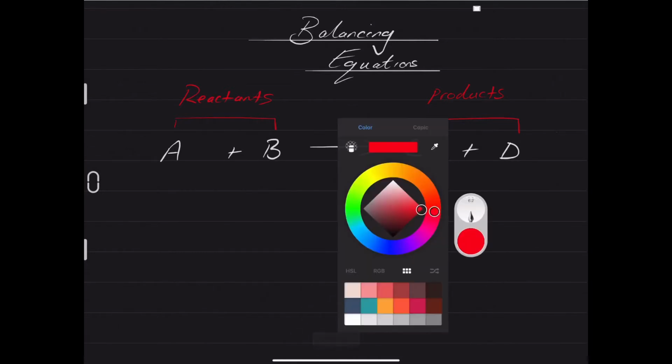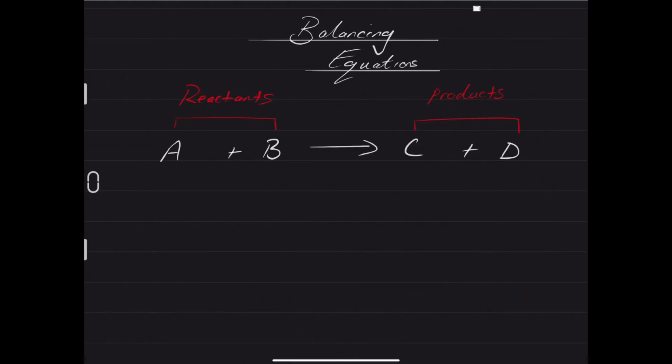Now, if I was to put certain numbers in association with A, B, C, and D, we then have to identify these numbers and give those numbers a label as well.